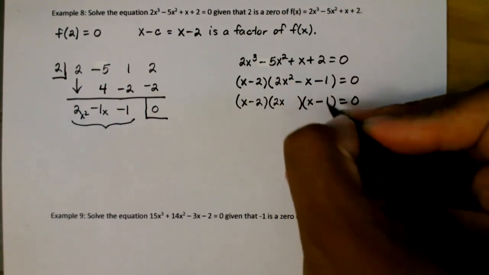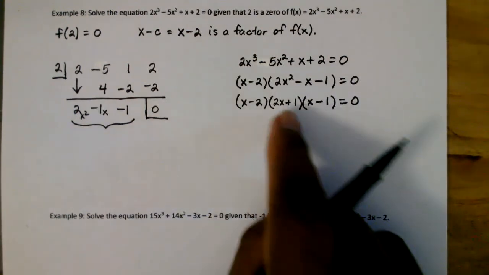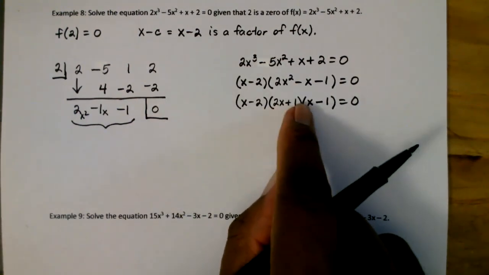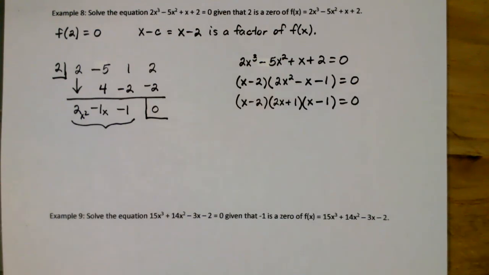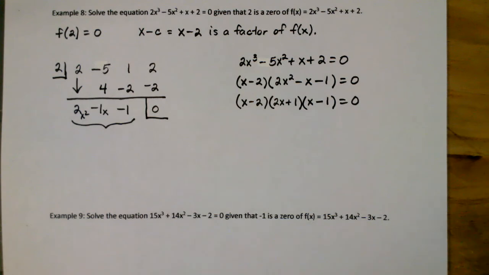So if I put -1 here where that x is, and the +1 here, minus 2x and a 1x will give me -x. So factor completely, I get x minus 2 times 2x plus 1 times x minus 1 equal to 0. And now I'm going to set each individual binomial factor to be equal to 0.